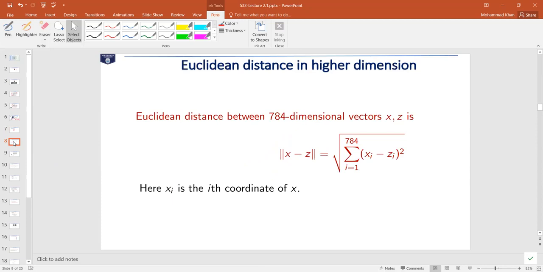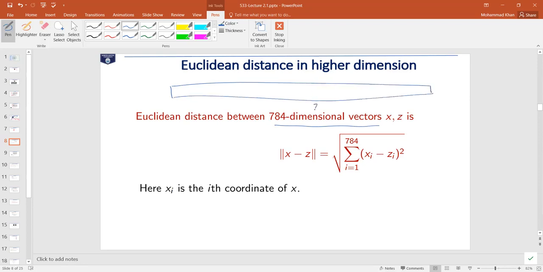Now for this problem, the MNIST digit classification problem, we need to use 784 dimensional vectors. We saw that the one-dimensional unmarshaled vector has 784 dimensions.